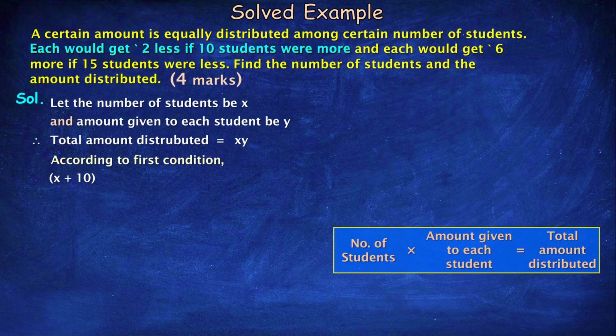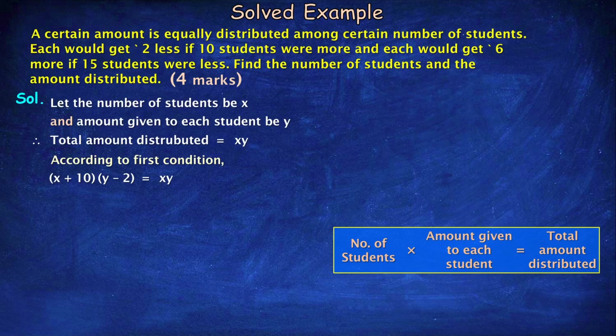So earlier if it was 40, now it is 50. Because of which each would get 2 less. So the amount distributed now will be what? Not y, y minus 2 because each of them is getting 2 less. And this is nothing but the total amount that they get. So this is equal to xy.